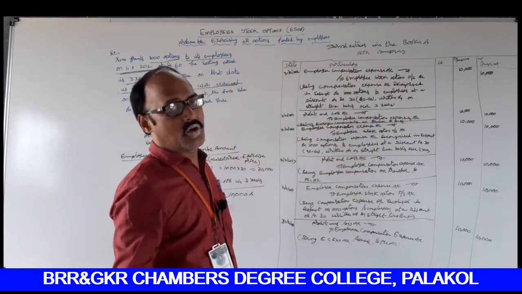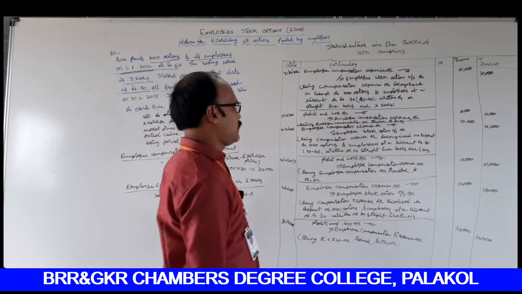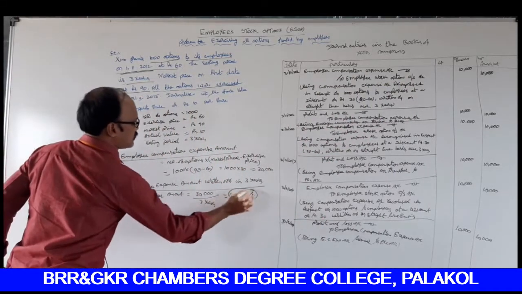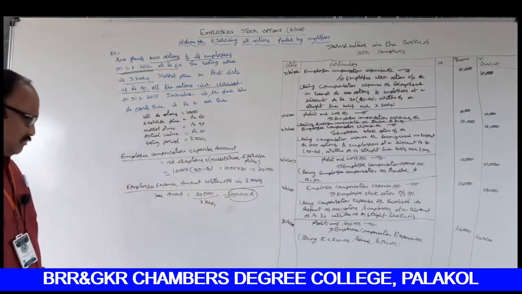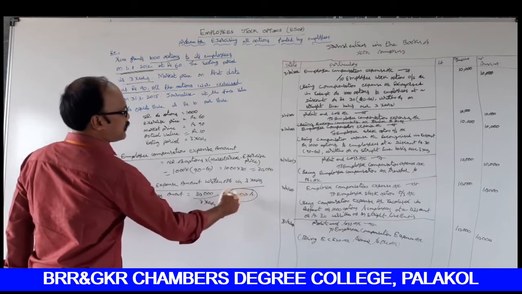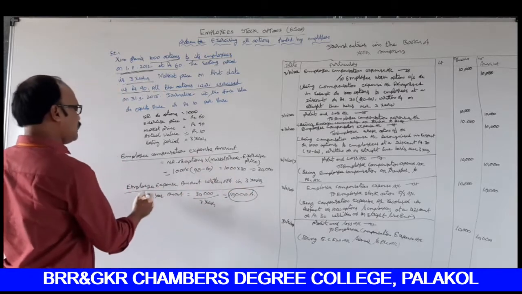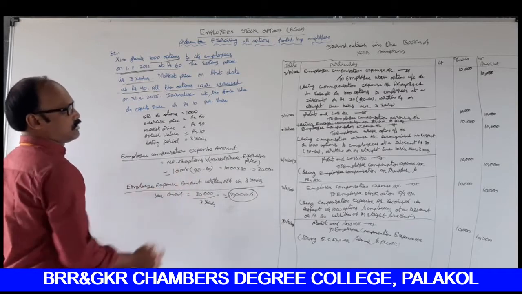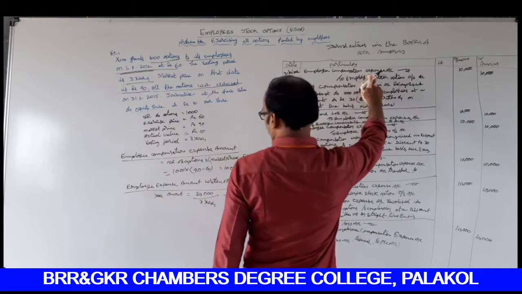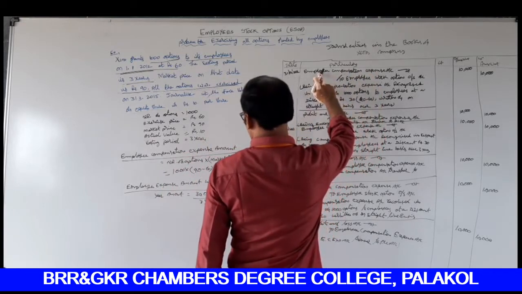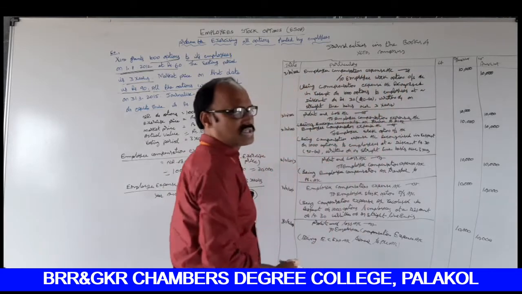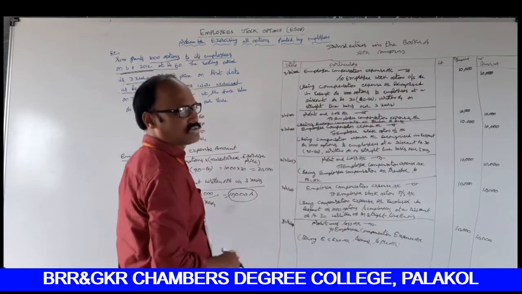How much amount is written off here? Rupees 10,000, every year, for employee compensation expense account.